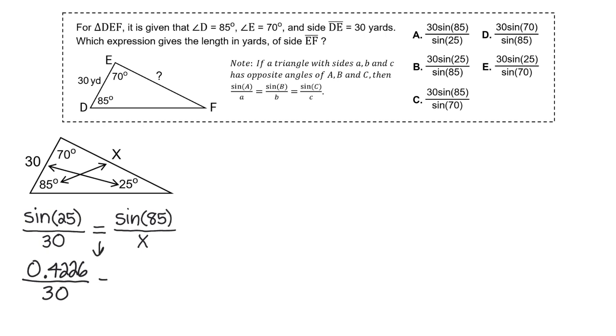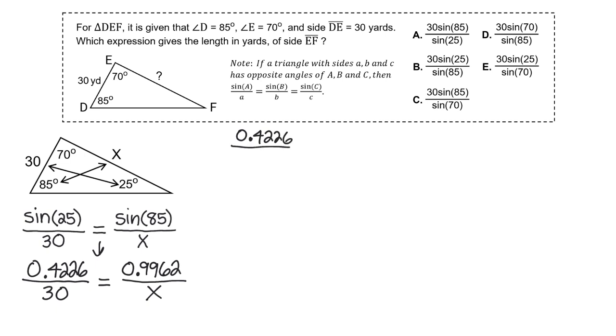And that has to equal, sine of 85 as a decimal is 0.9962, over x. So this would be the equation we would need to solve. And once again, we can solve that by cross multiplying.